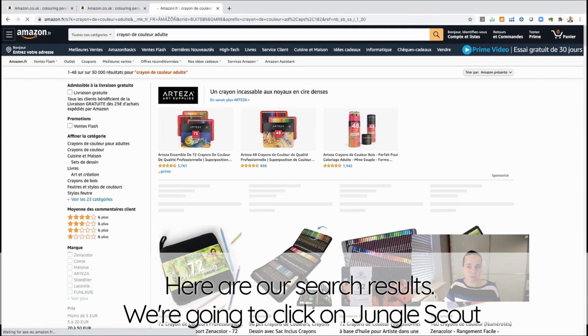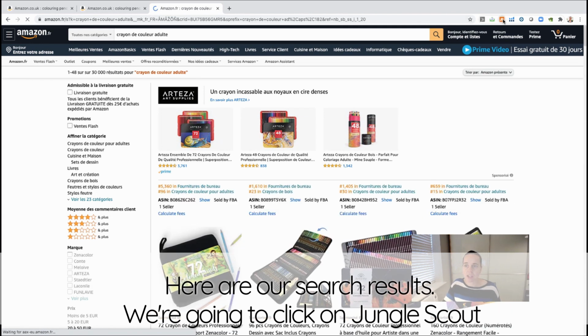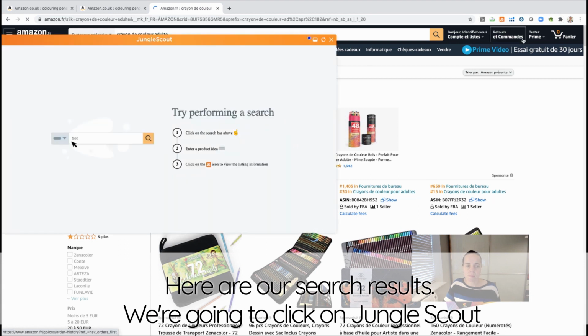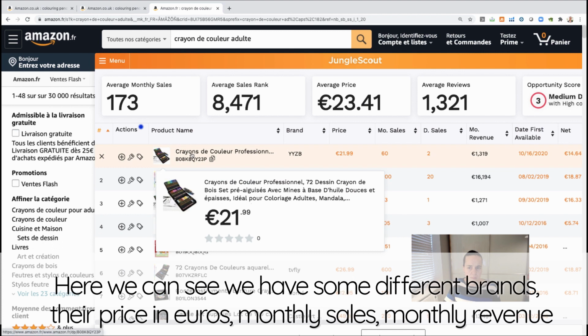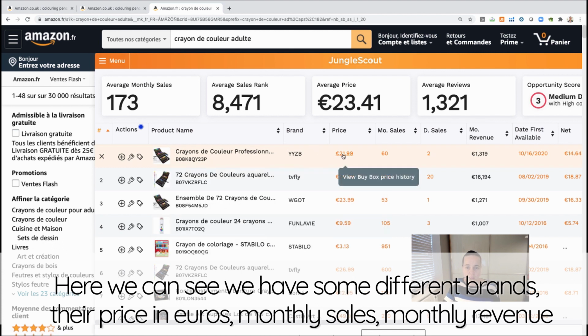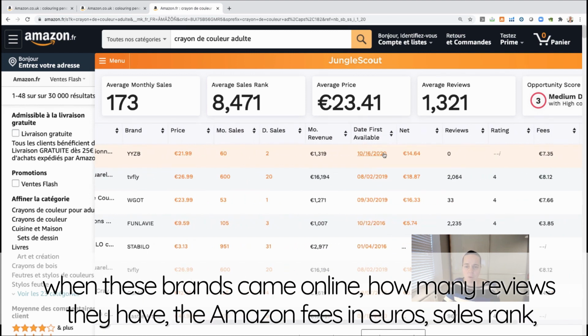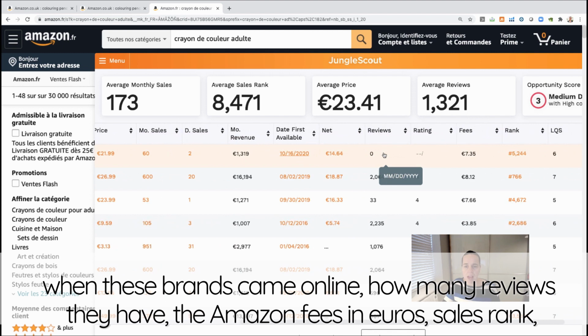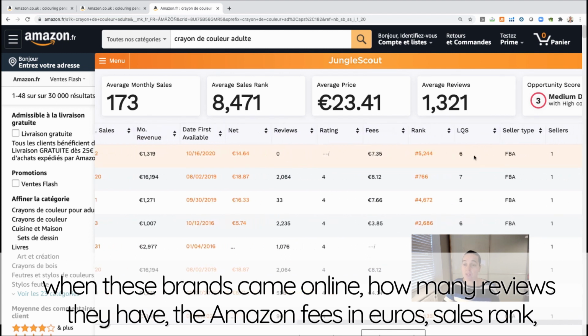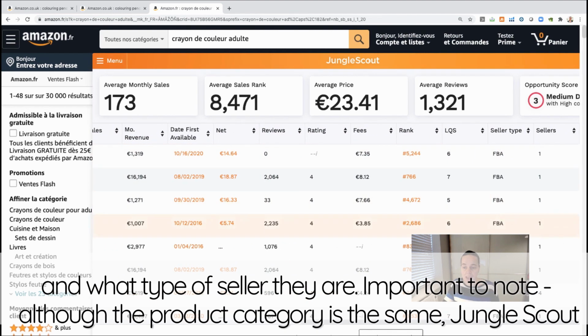Here are our search results. We're going to click on Jungle Scout. Here we can see we've got some different brands. They're priced in euros. We have monthly sales, monthly revenue, when these brands came online, how many reviews they have, the Amazon fees in euros, the sales rank, and again, what type of seller they are.